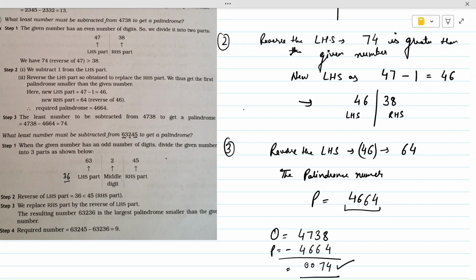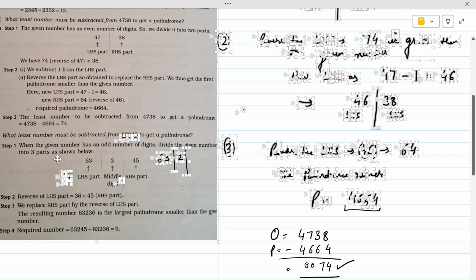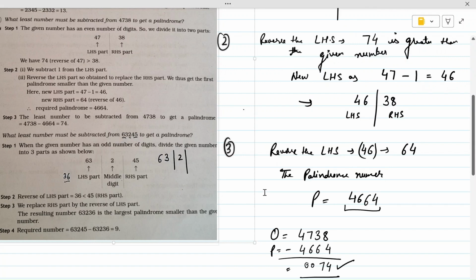So what we'll have here, the original number was 63, then we have the middle digit 2, and then we are going to reverse this number, and then we have reversed the LHS. So after reversing, we have got the number 36, and this 36 is less than 45, right?